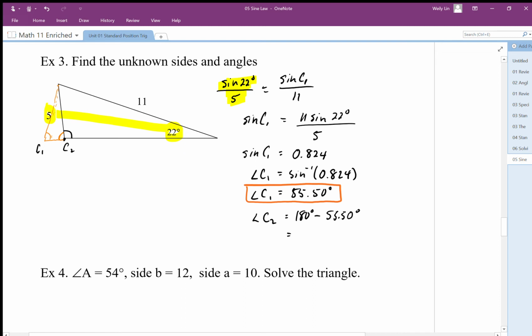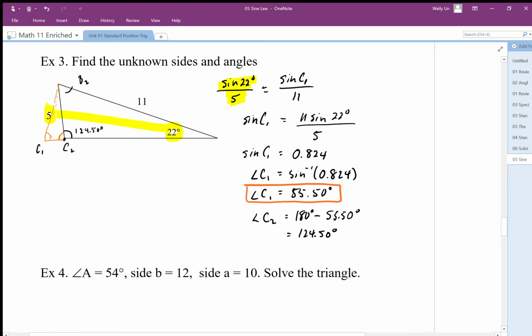So we end up with 180 minus theta 1, which is 124.5 degrees. Although it's not drawn accurately, that is our obtuse version, and that is our acute version. I'm going to write this in as 124.50 degrees.